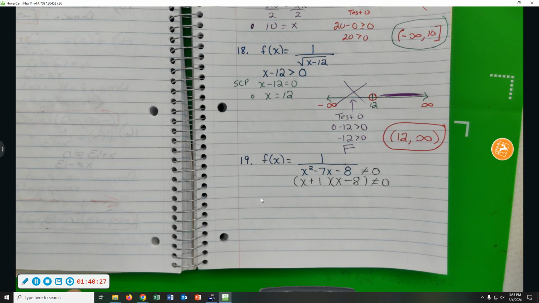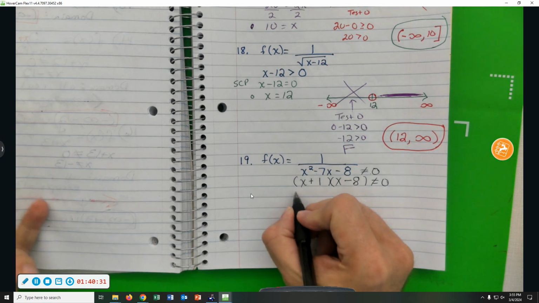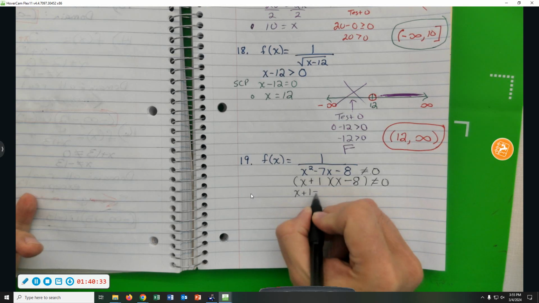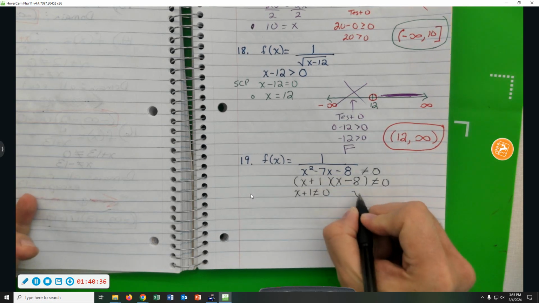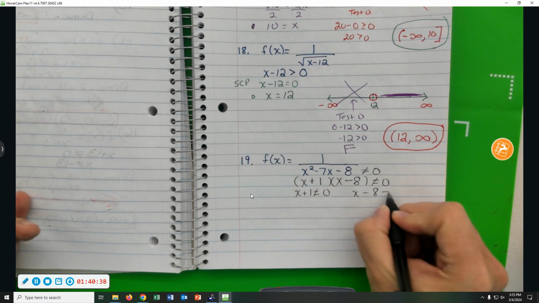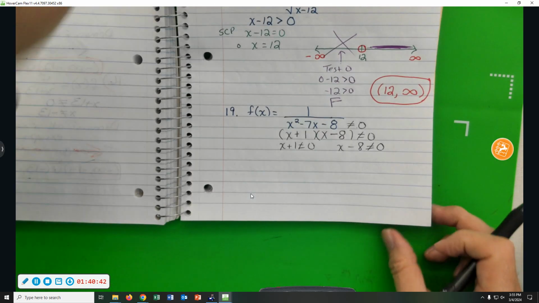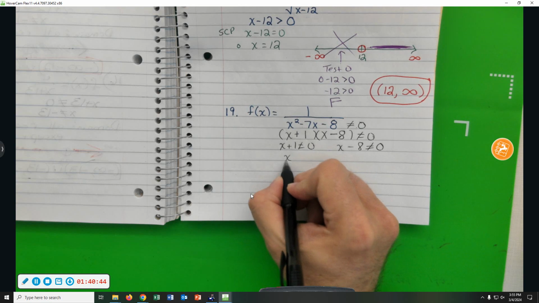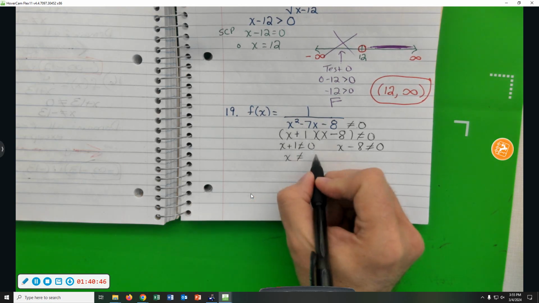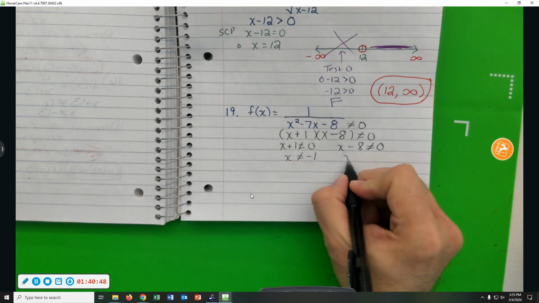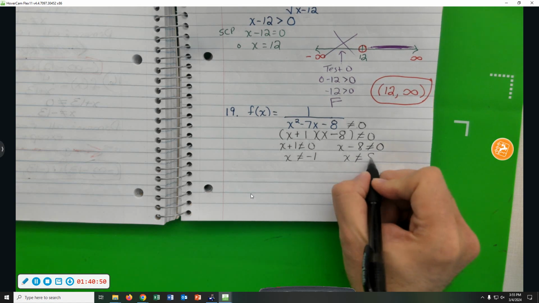Sure enough, that gives us the negative 7 that we need. So X plus 1 can't be 0. Isolate X. X minus 8 can't be 0. Isolate X. So X can't be what? Negative 1 or positive 8.